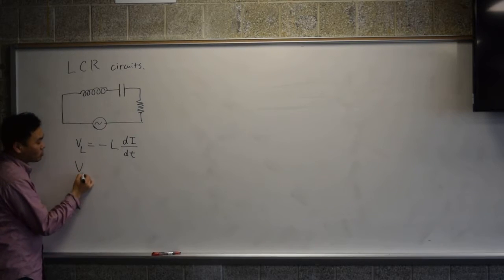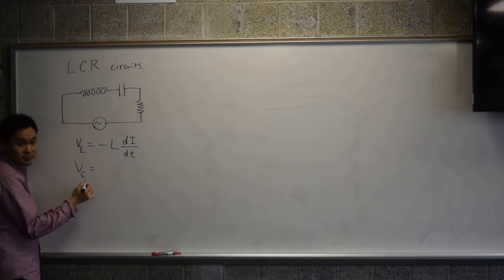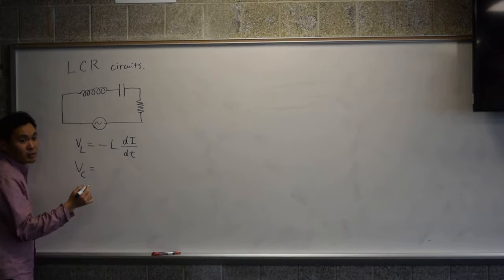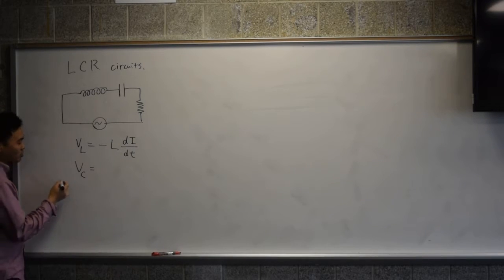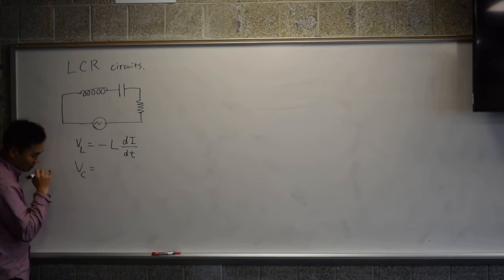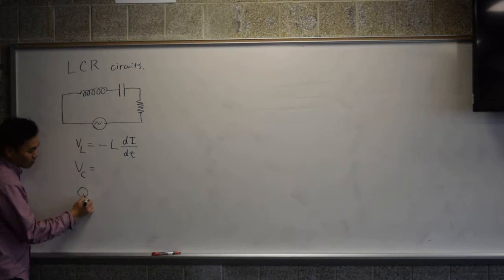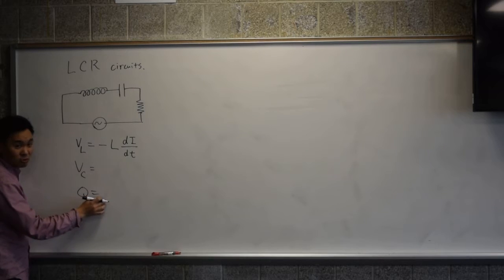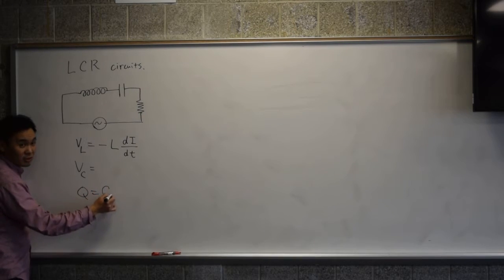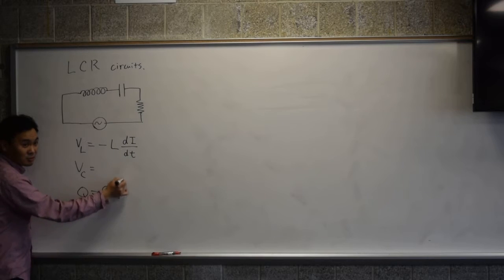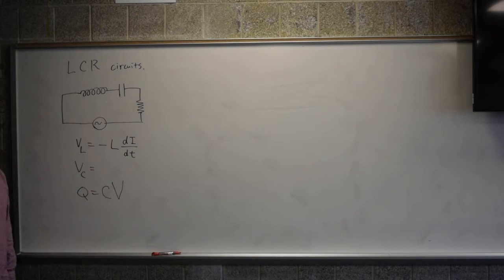How about voltage drop across a capacitor? Well, this is more known in the following form. The amount of charge in a capacitor, Q, is equal to CV. Remember that?